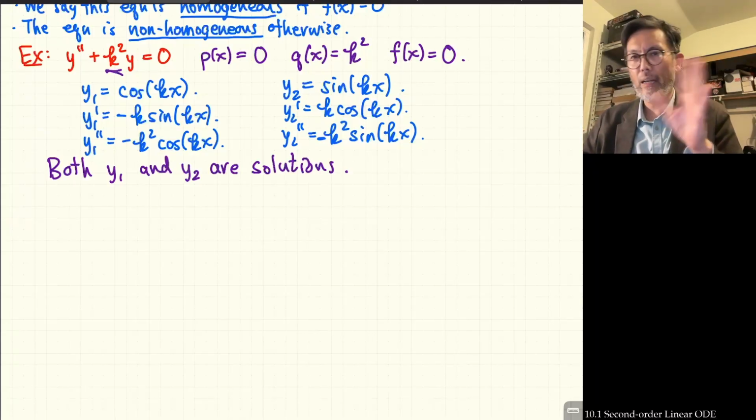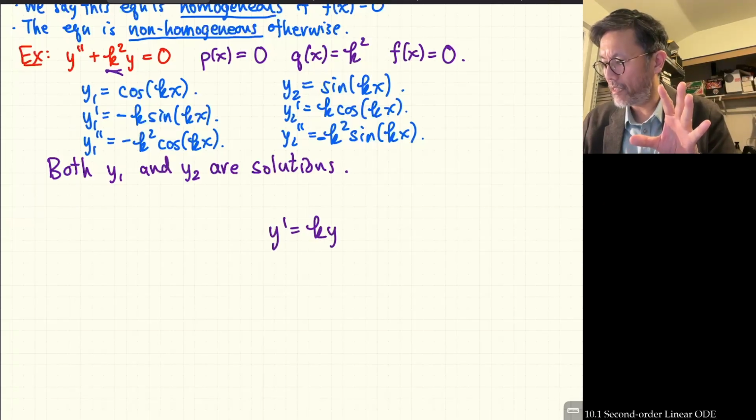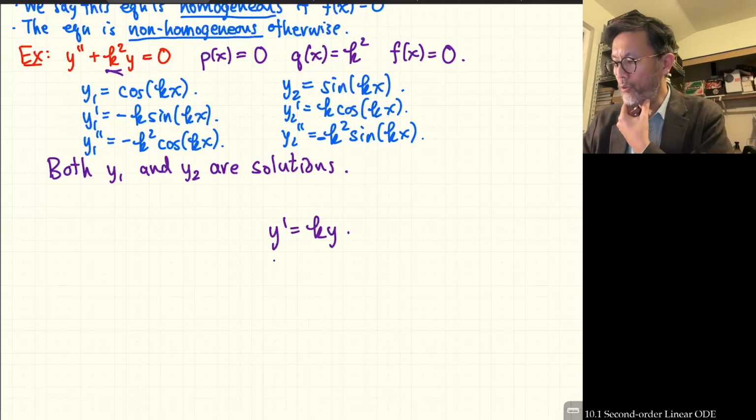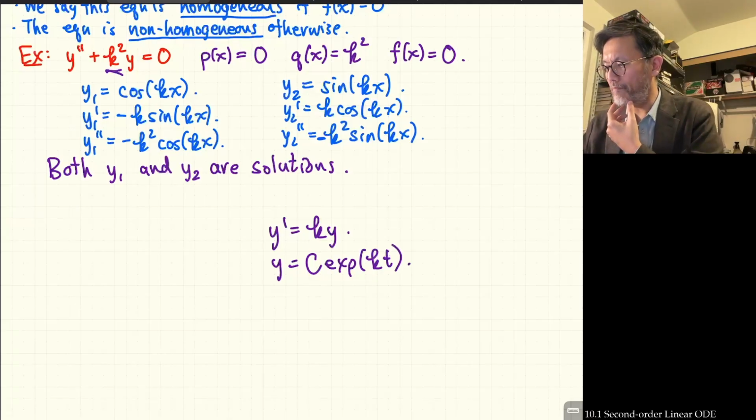So, for example, just real quick, remember if we had something like the exponential growth equation, y prime equals ky, the solution to this was y equals c times e to the kt, right? Or kx.